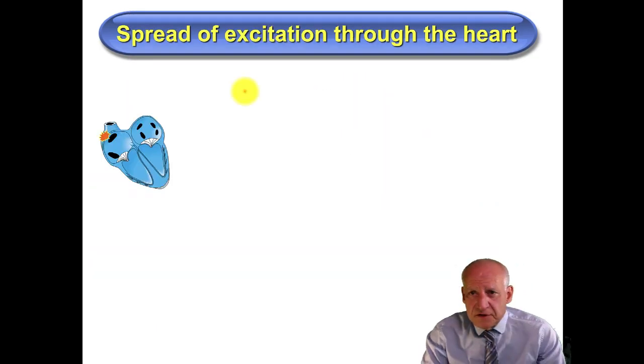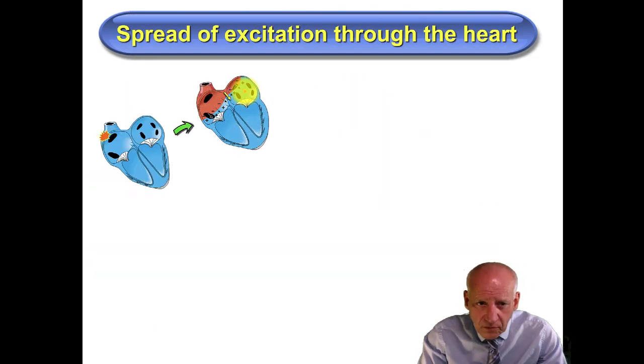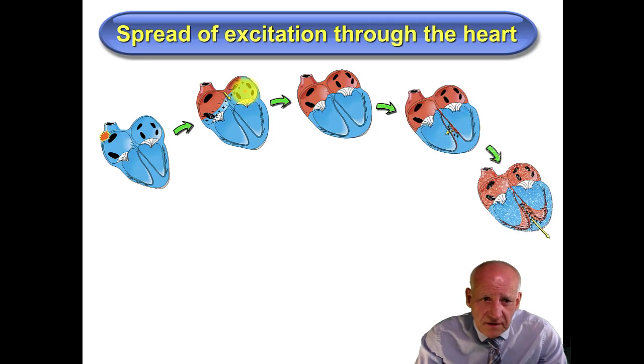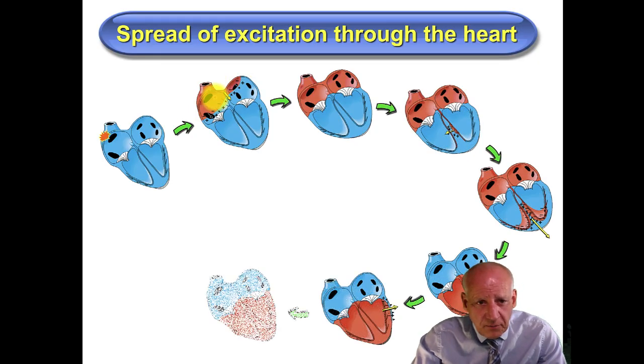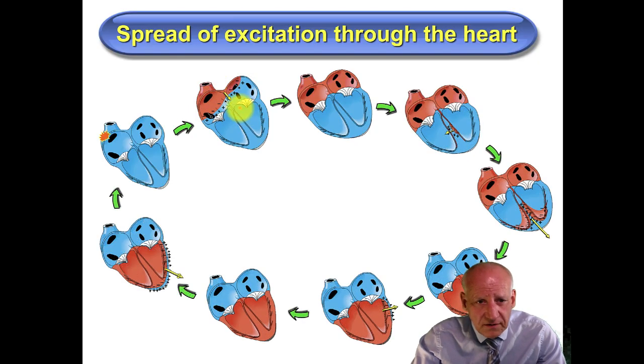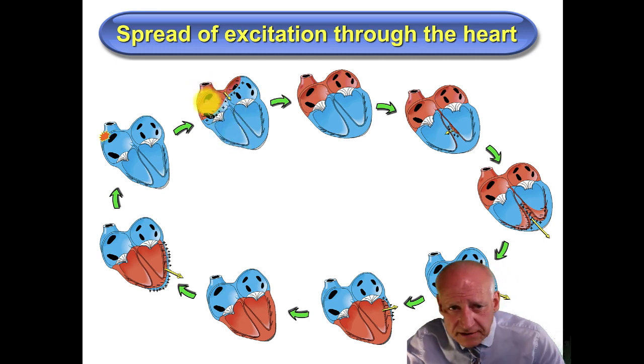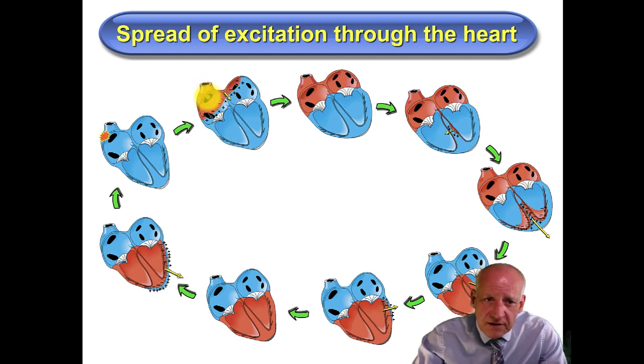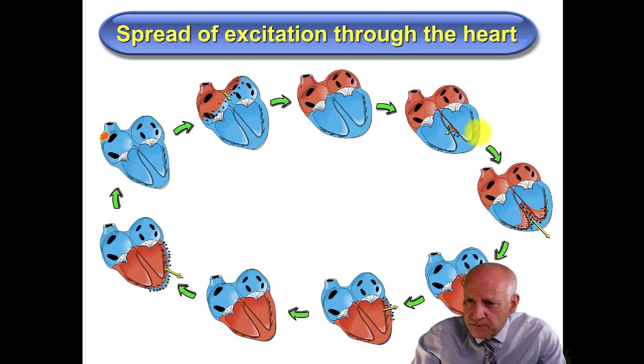So how does excitation spread through the heart? Well, in this illustration, the red regions of the heart are depolarized and the blue regions remain hyperpolarized. Remember, excitation starts in the SA node and spreads through the atria. After the atria are completely depolarized, the excitation is passed by the AV node across the fibrous skeleton into the ventricles.